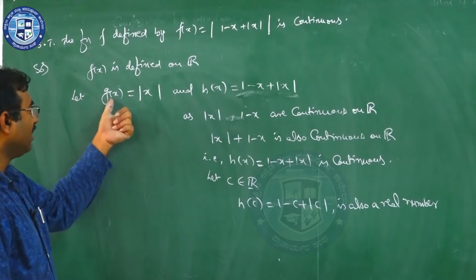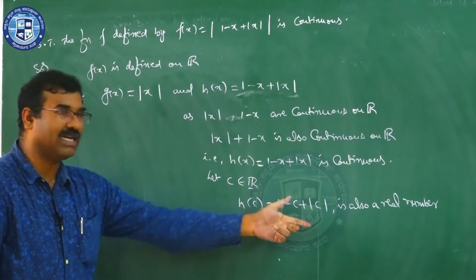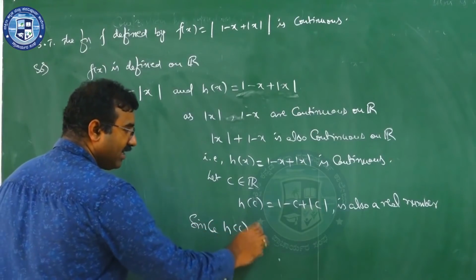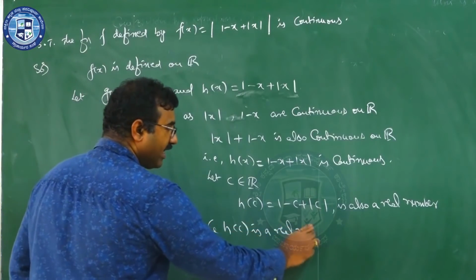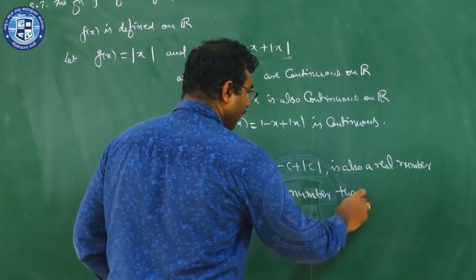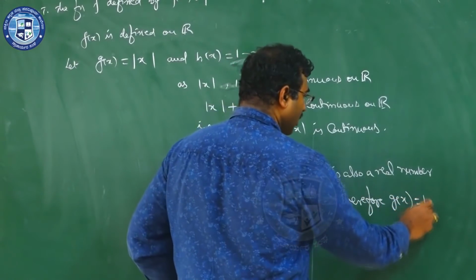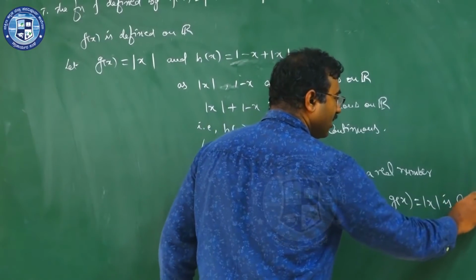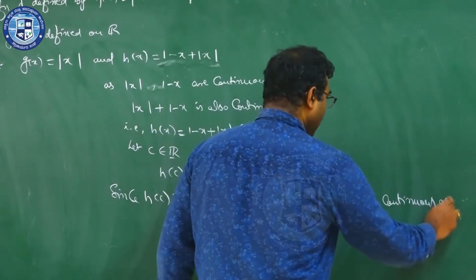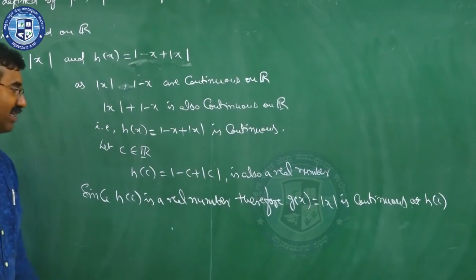Now I can say that g of x is continuous at h of c, because h of c is a real number. Since h of c is a real number, therefore g of x is equal to mod x is continuous at h of c, definitely, because h of c is a real number.